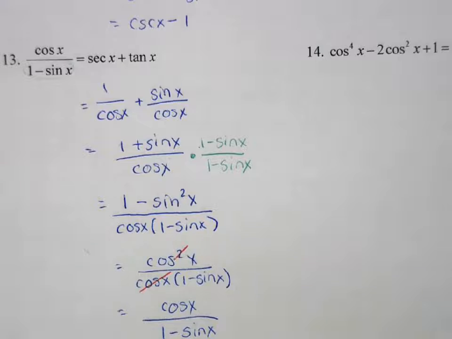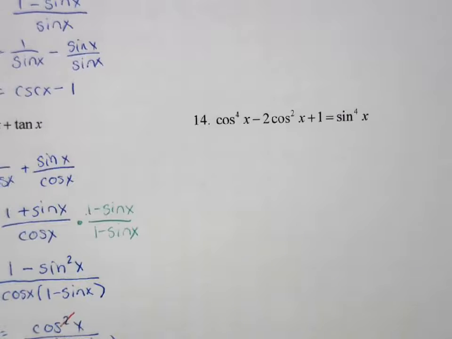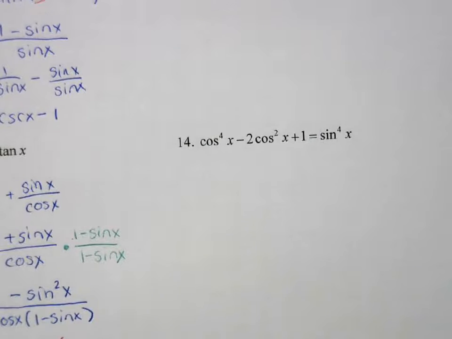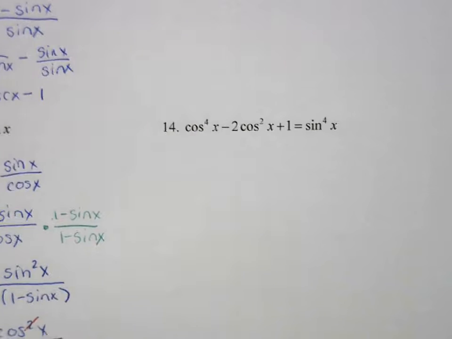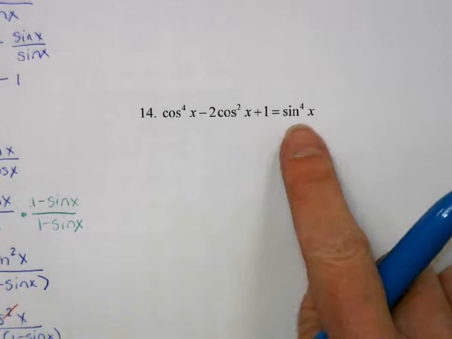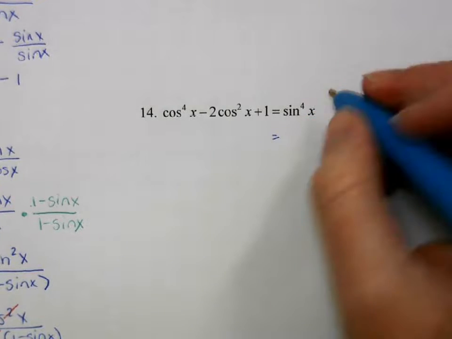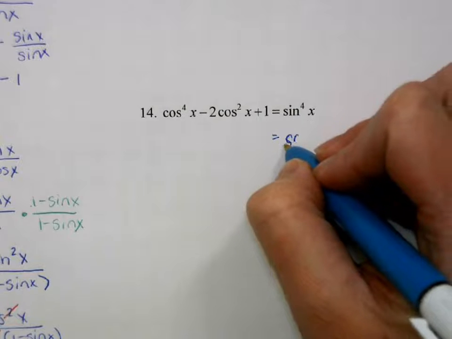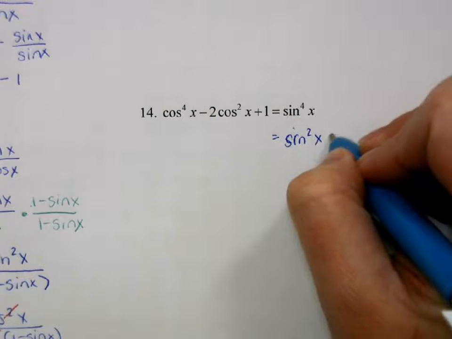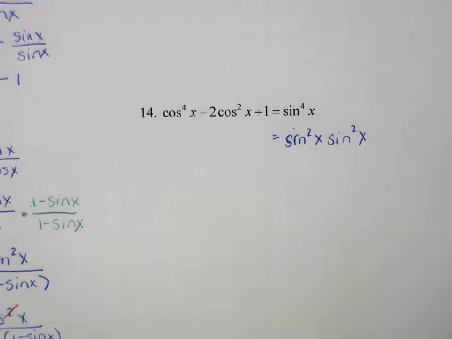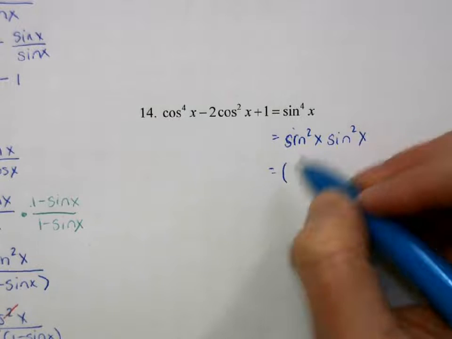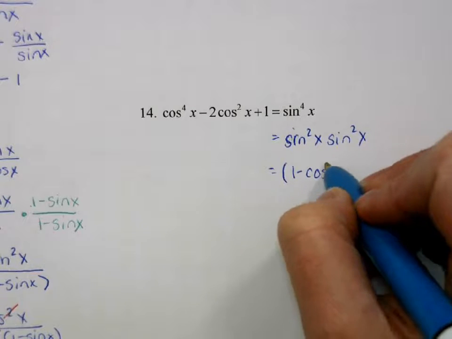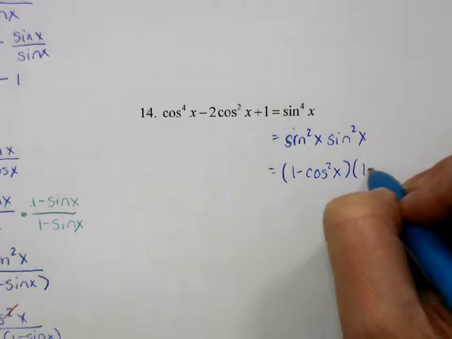Okay, on this one, you can either factor the trinomial or expand this side. So that's what I'm going to do here. This is going to become sine squared x times sine squared x. Then I can turn each of those into 1 minus cosine squareds. And then FOIL.